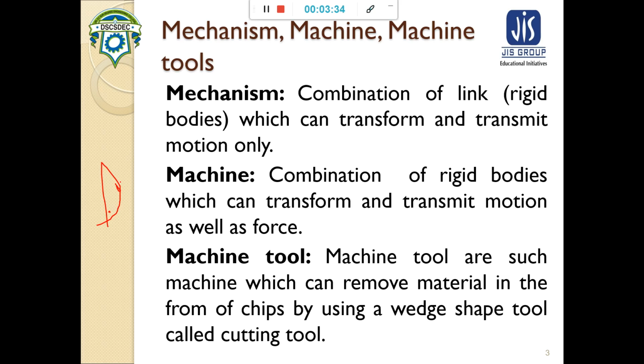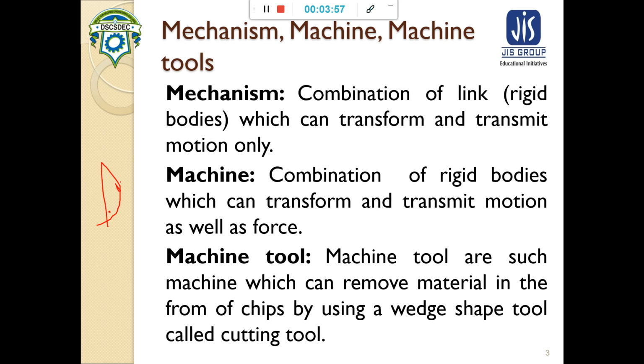So in that engineering drawing you will see a device called drafter. So that drafter is not a machine, it is a mechanism. Why mechanism? It can transform and transmit your motion. It can transform or transmit the motion only. So that's why it is called mechanism.